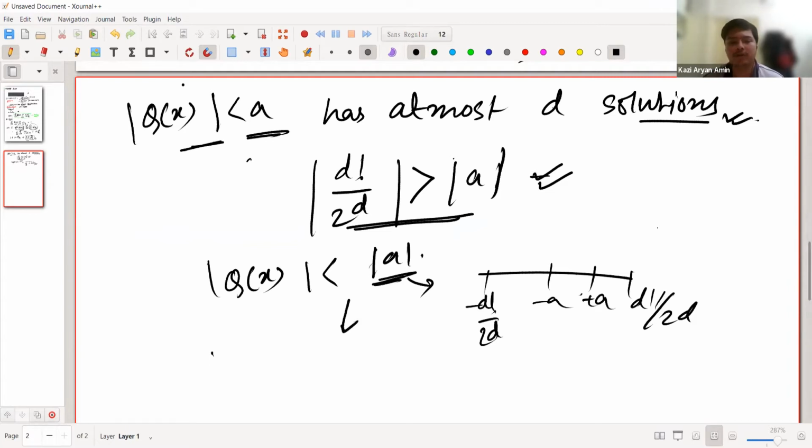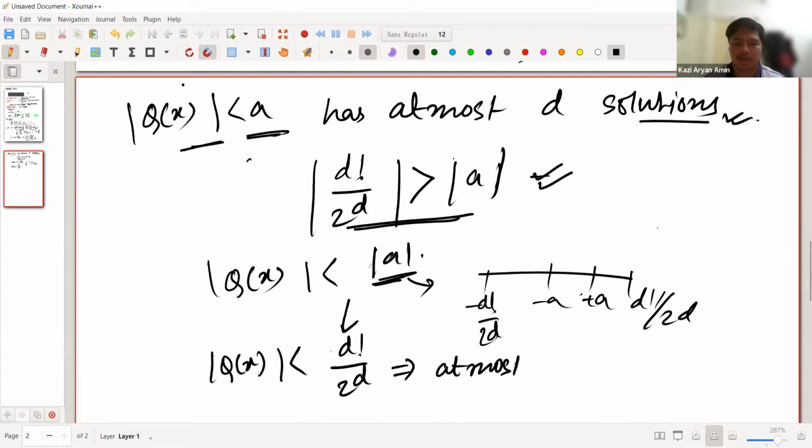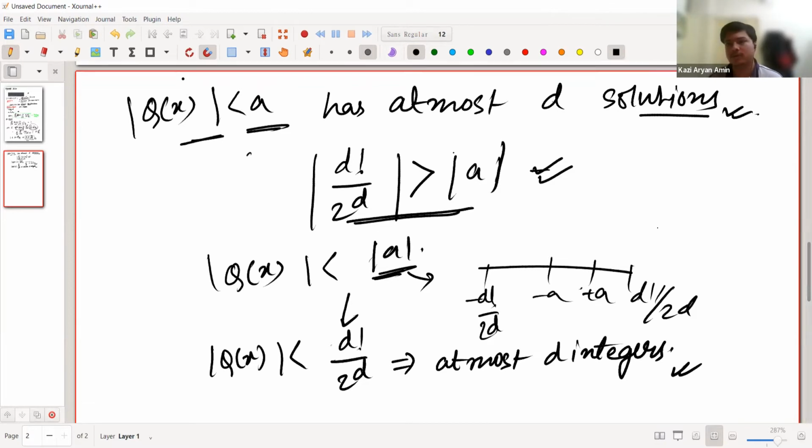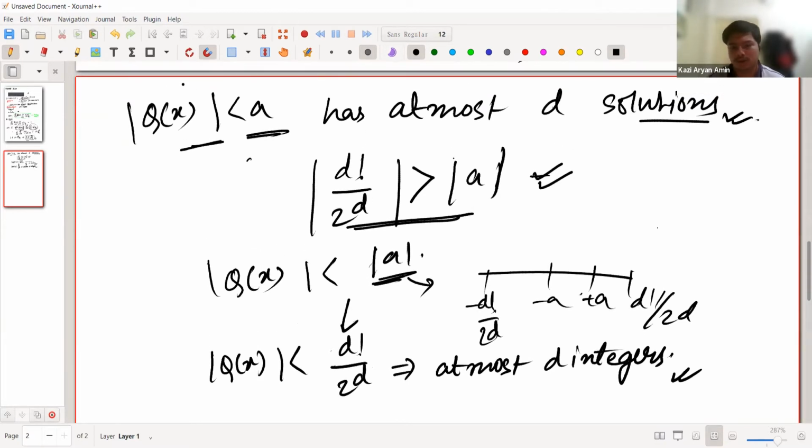Having this would require q of x to be less than d factorial by 2 to the power d. And you observe that there are at most d integers that can do that. So this should just finish the problem. Is the solution clear?